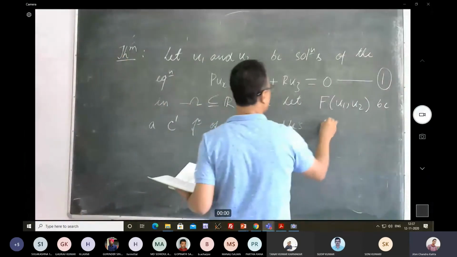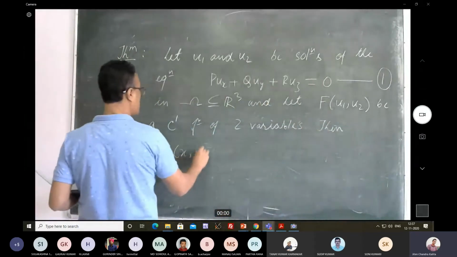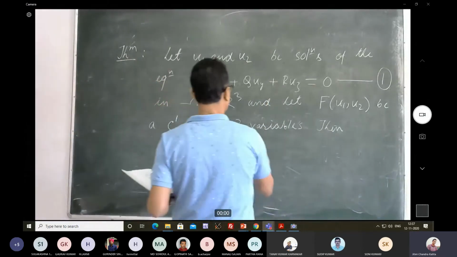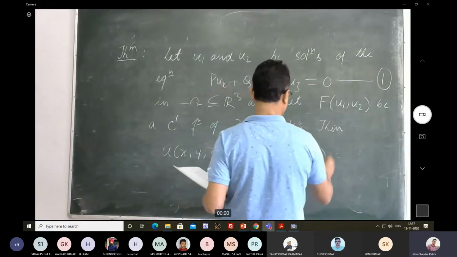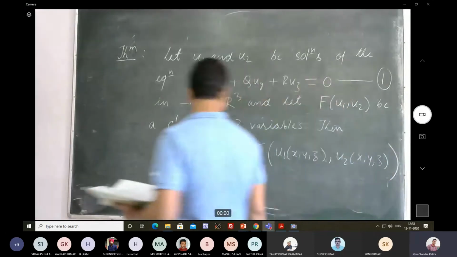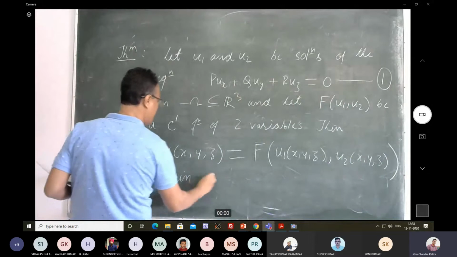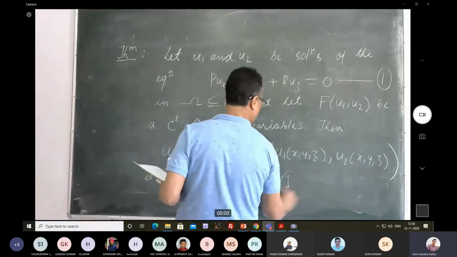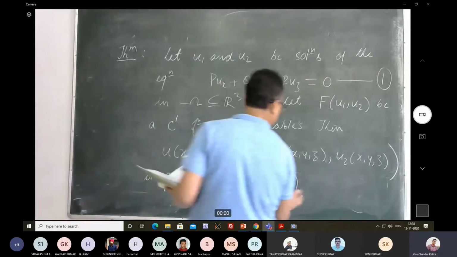Okay, so then this one. If I create a new function again in those three variables x, y, z, out of these solutions, this solution is again a solution of 1, and in that Omega.